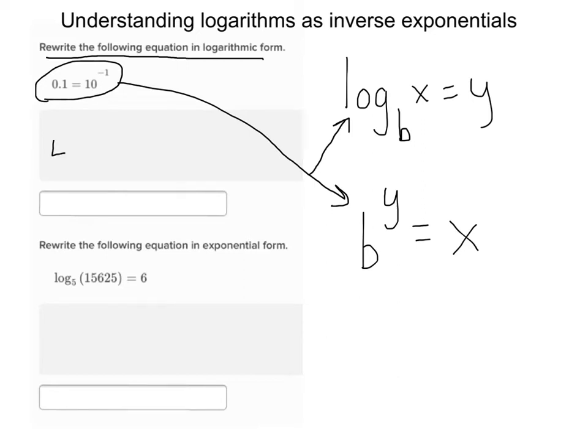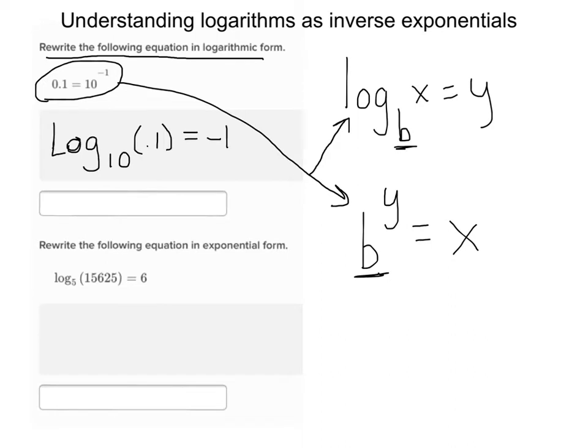Okay, so it's log, and the base is 10, right? Because notice that the b is the base, and then the x in this case is 0.1, and that equals -1.